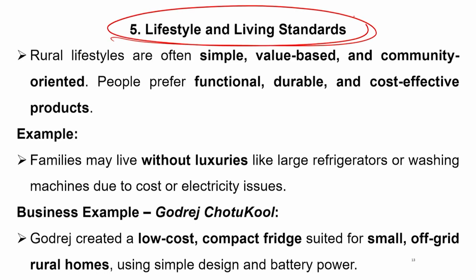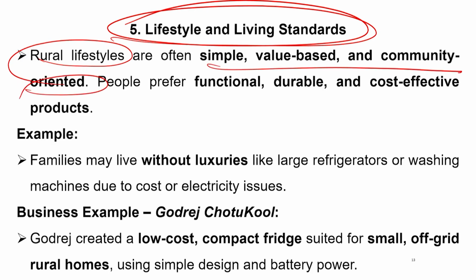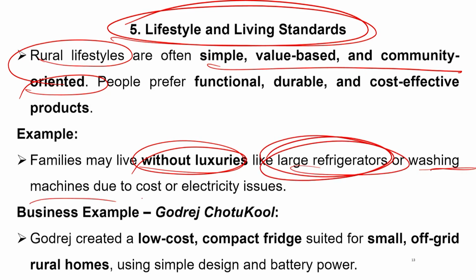Lifestyle and living standards. Lifestyle is very simple, value based and community oriented. If you compare rural background with urban background, urban is more modernistic. They enjoy nightlife, but in the rural context, no. They have their own living standards. A family may live without luxuries like large refrigerators and washing machines.